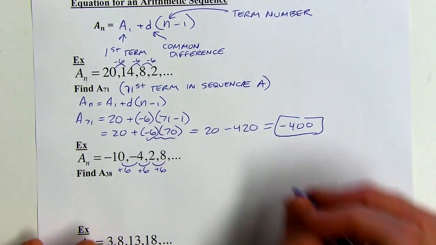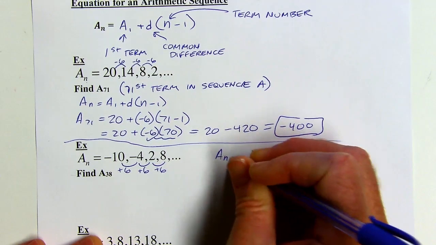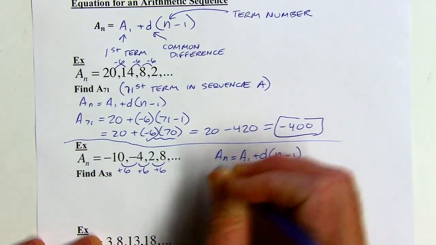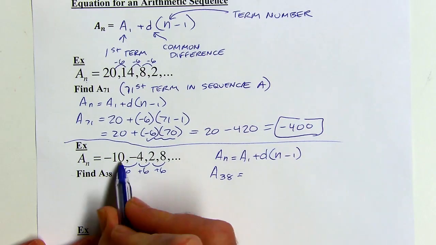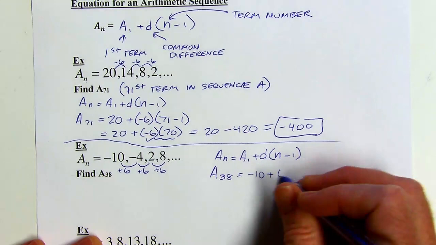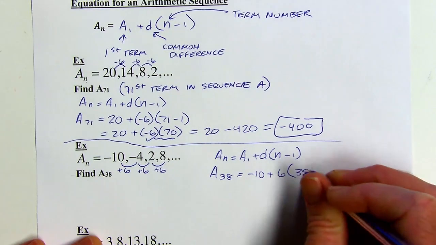Okay, so let's see. I'll just write the formula here, just to have something to plug things into. I'm looking for the 38th term, right? The first term is going to be -10. My difference is going to be 6. And then n for this is going to be 38.